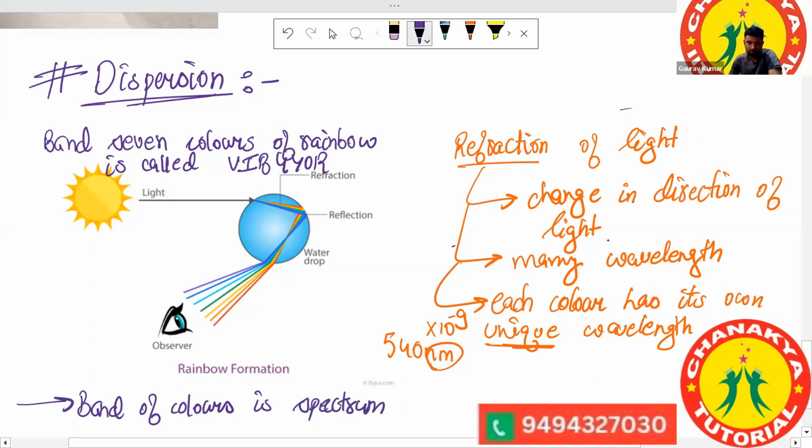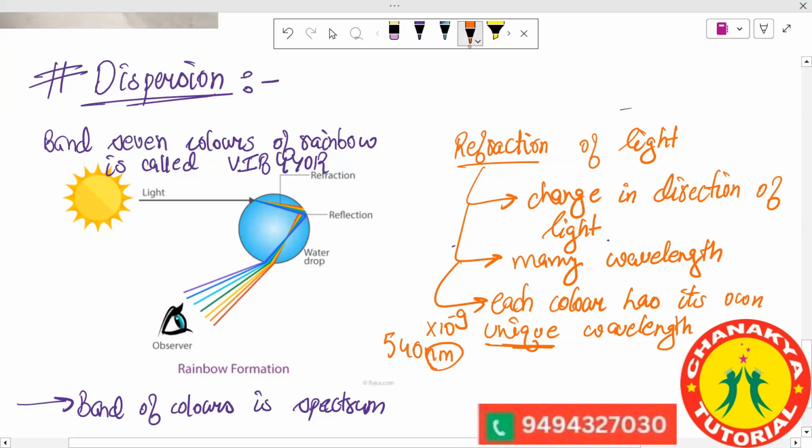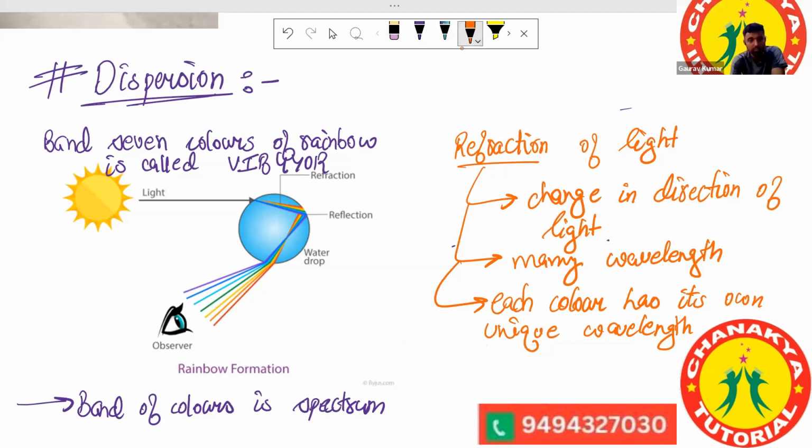There can be seven colors, there can be 10 colors, there can be 15 colors, but a band of colors is known as spectrum. Is this okay? Okay, sir. A band of colors is called spectrum. It can be any number, but the band of 7 colors of the rainbow particularly is called Vibgyor. Yes. Okay, so we were talking about how each color has its own unique wavelength.